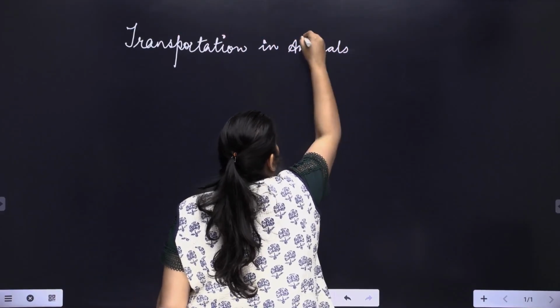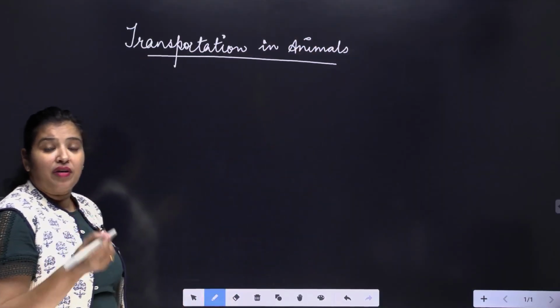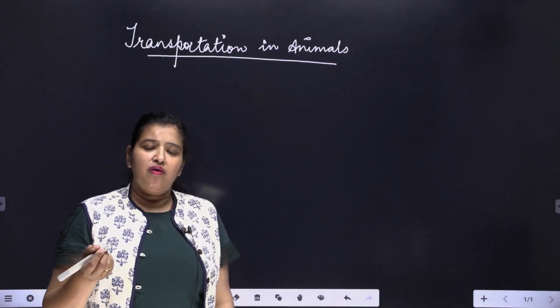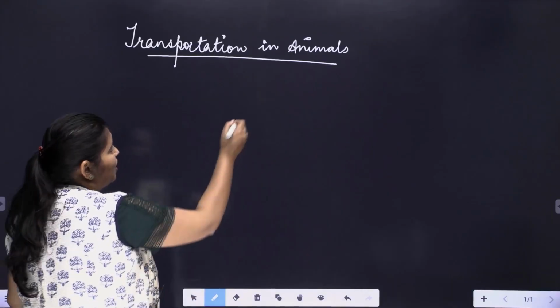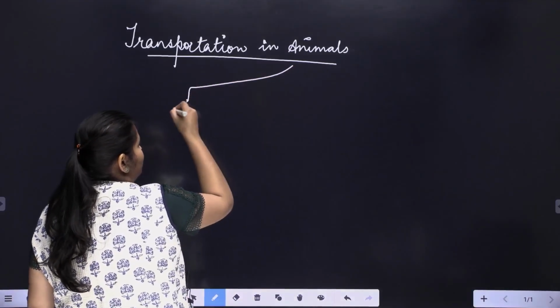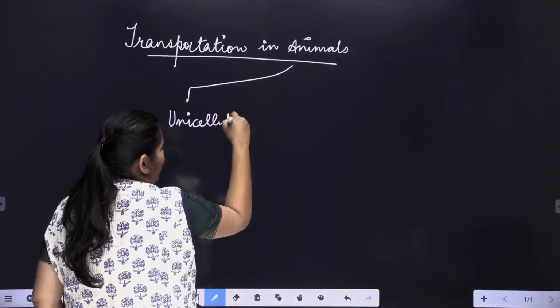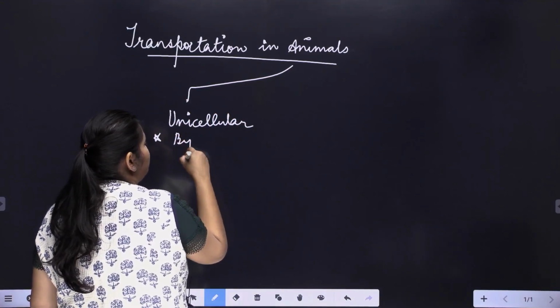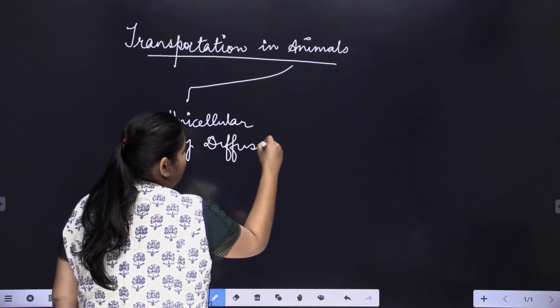When I say animals, as I earlier classified organisms into unicellular and multicellular, animals are also unicellular or multicellular. When animals are unicellular organisms, I have already told you that transportation occurs by the process of diffusion.